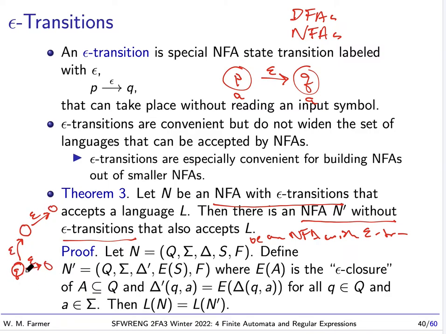So it looks like here the epsilon closure includes these three states as well as Q. So the transition function will just be the normal transition function, but then we apply the closure to it. So we do the normal transition function, we get to a bunch of states, and then we add to it all the states we can get to using epsilon transitions. And then the new start states will be all the states we can get from the start states by epsilon transitions.